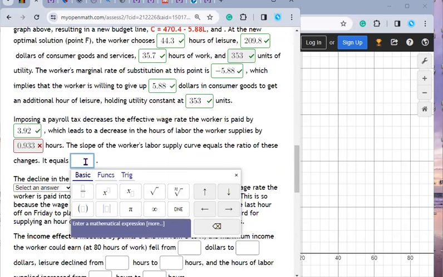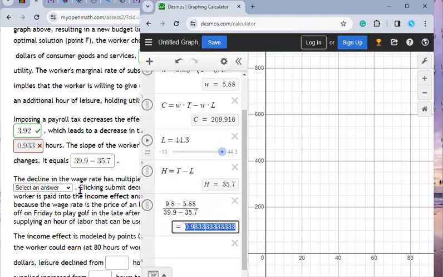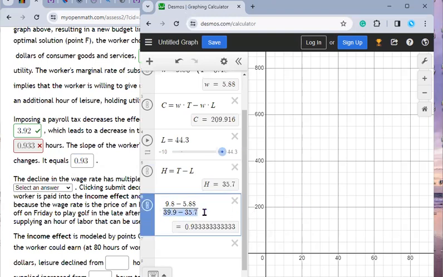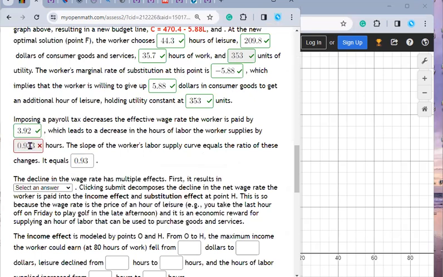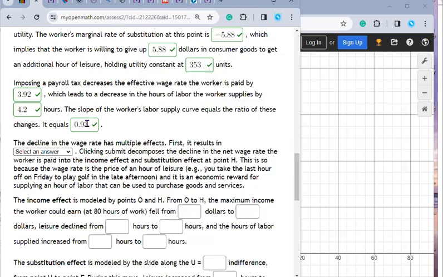Whoops, I put it in the wrong spot. Oh, man. Yeah, I copied and pasted in the wrong square. This should be 4.2. Okay, so when I copied the 0.93 in here by mistake, I changed it back to 4.2.